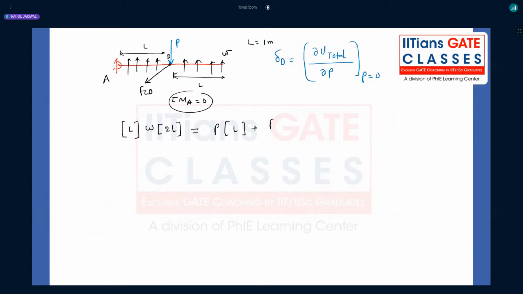P into L plus F_CD. This particular component will be F_CD cos 45, right?